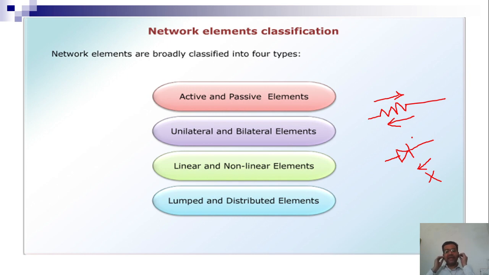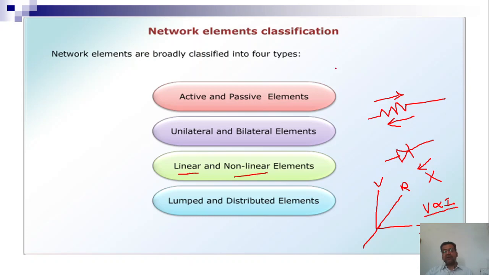And coming to linear and non-linear voltage and current relationship. Just take a voltage and current relationship. If both are directly proportional, that is V is directly proportional to I, in this condition we call it linear. Why do we say linear? Because linearity comes into the picture. Linearly it is varying. So V and I, this is your resistive element. Once it varies proportionately, directly proportional, we call it a linear element.